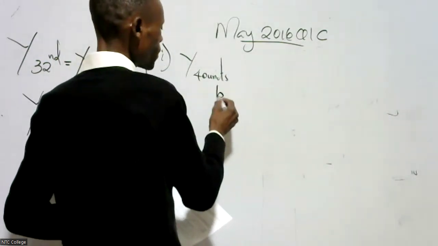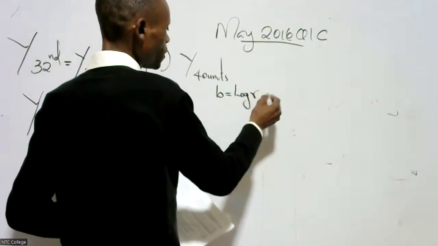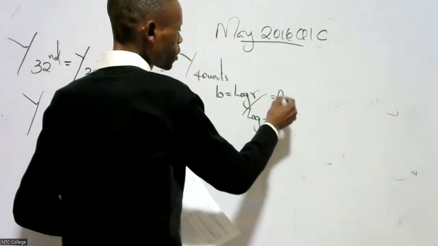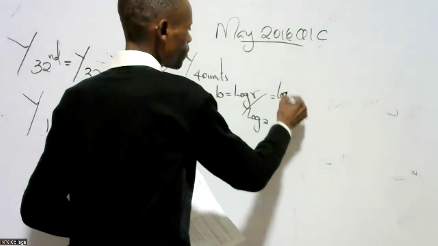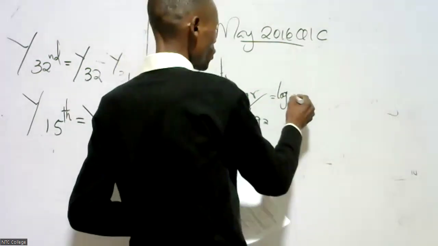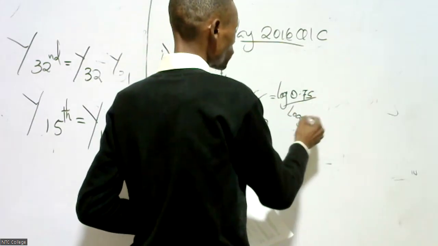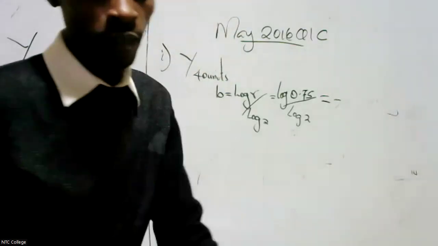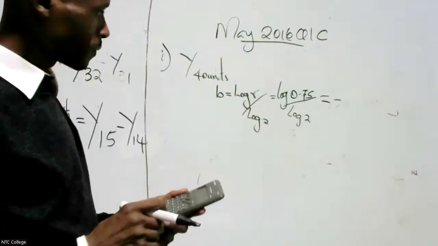So first of all, let me get B. B is log R divided by log 2. Here, the learning rate is 75%. Logarithm of 0.75 over logarithm of 2. You got to get a negative. Let's see. You got negative what? What will be the learning index?